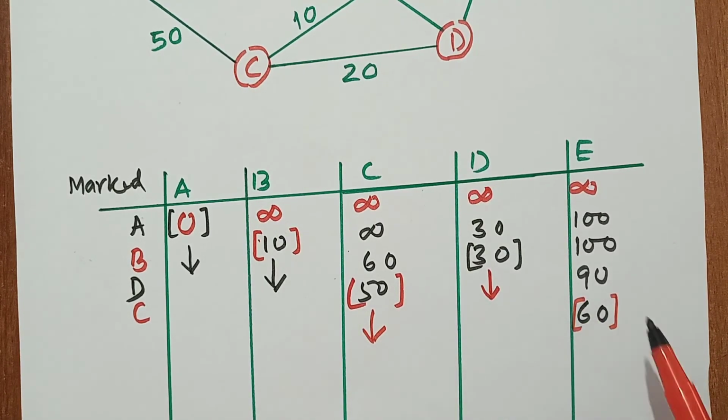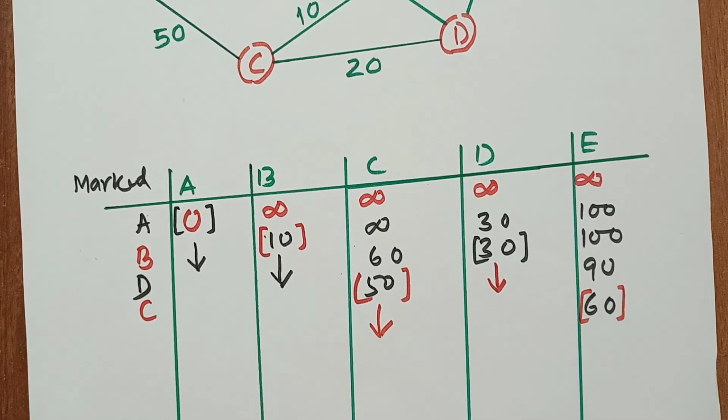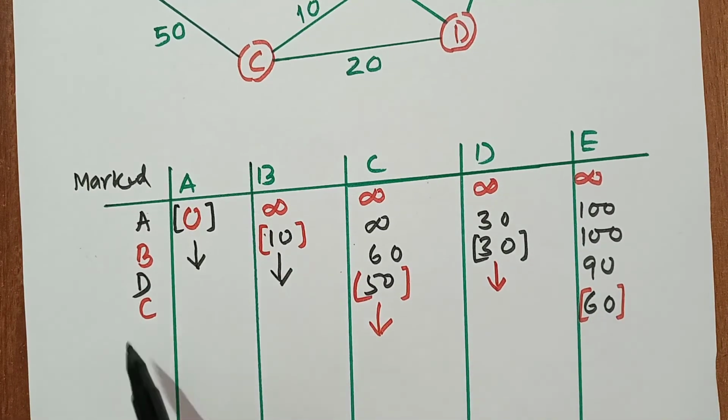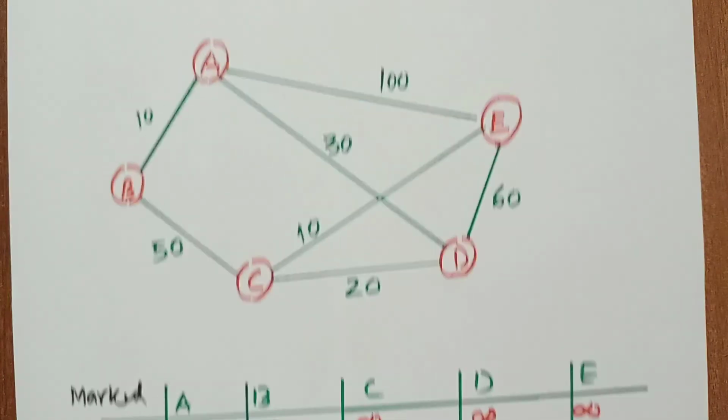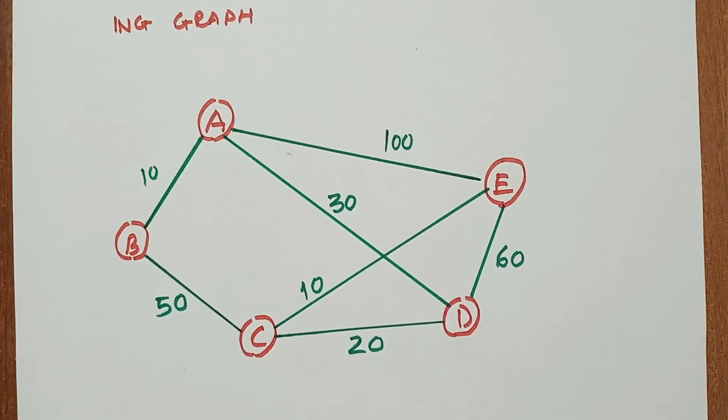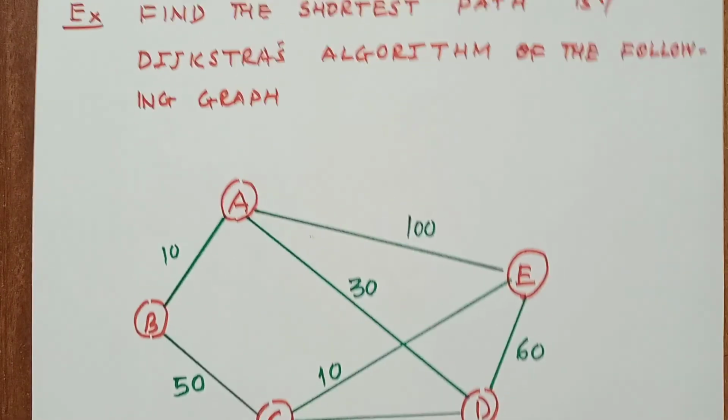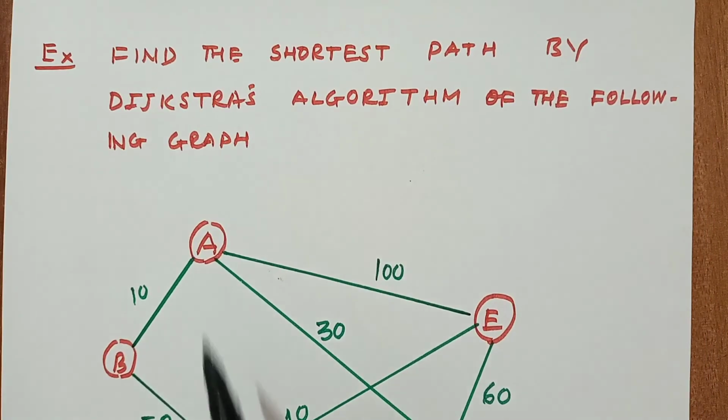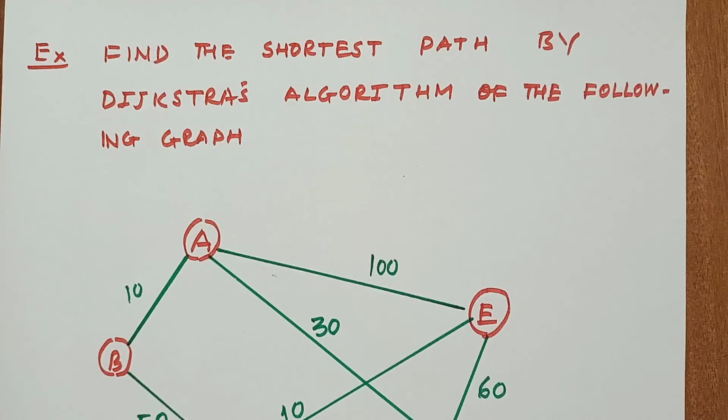Now only E remains, so this is marked, and we write this vertex here. So this is complete. Now, what is the shortest path? A is the starting point. If you want to go from A to B, the shortest path in the weighted graph is 10.